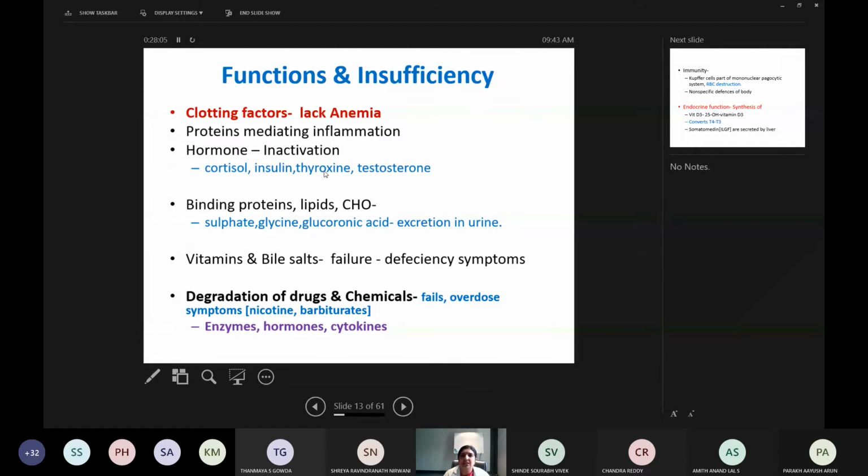So the presenting symptoms may be like excess of these, because these hormones will keep on circulating in the blood and there won't be any inactivation. So the blood level of cortisol goes on increasing.